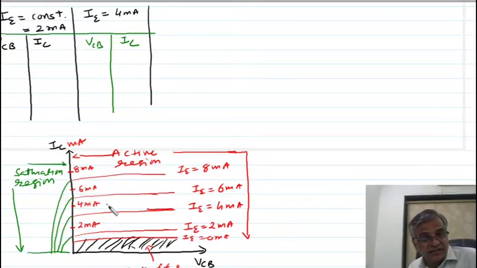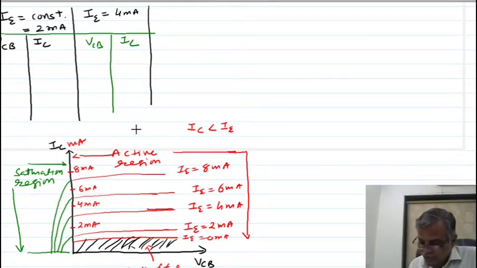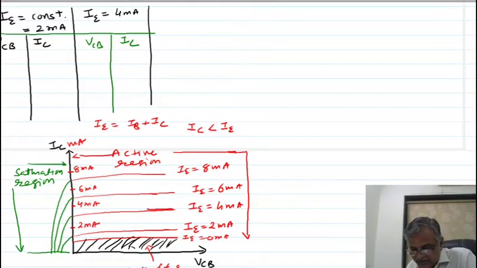So this graph shows that the output current is always less than the input current, because you know that the emitter current is nothing but the base current plus the collector current. So it is clear cut that the collector current is always less than the emitter current.